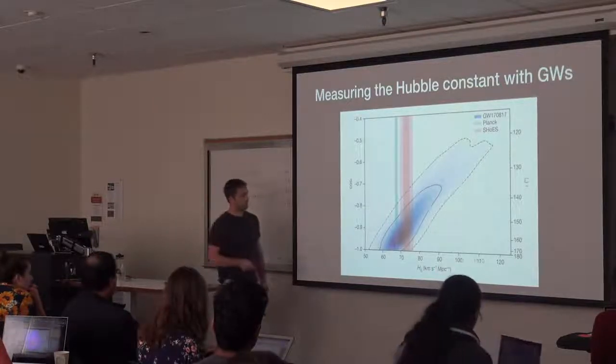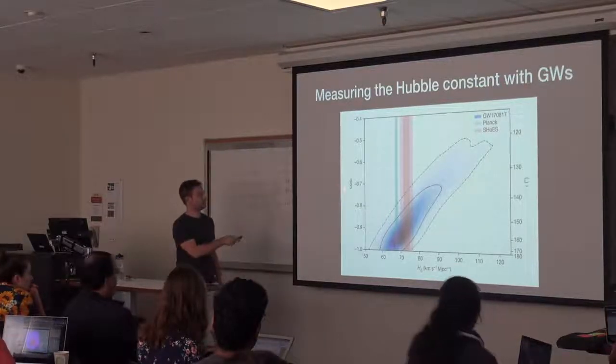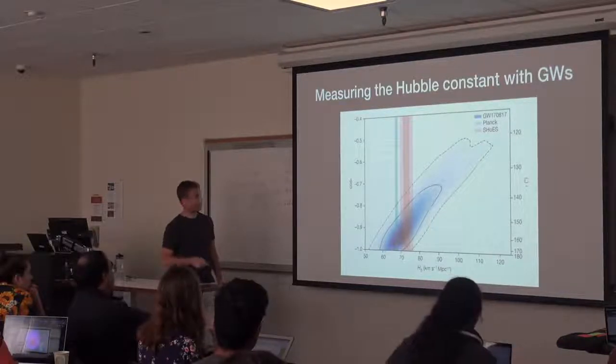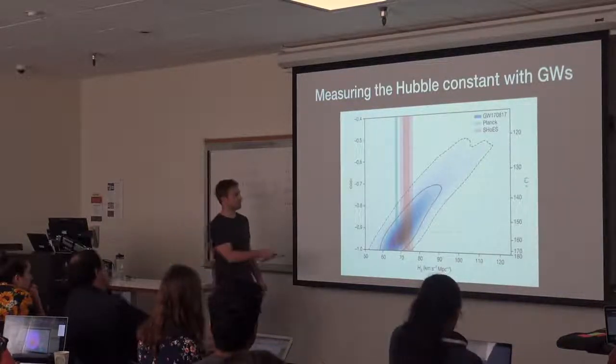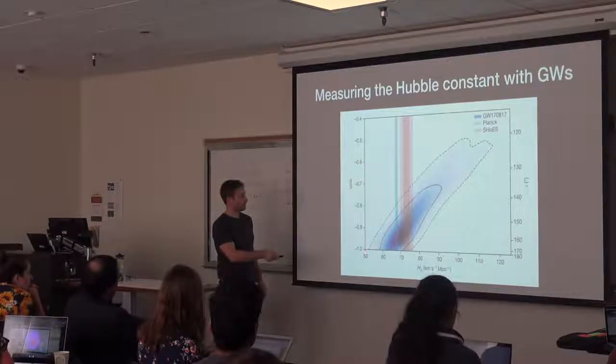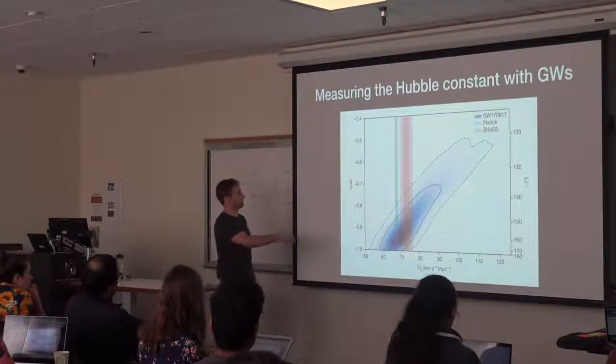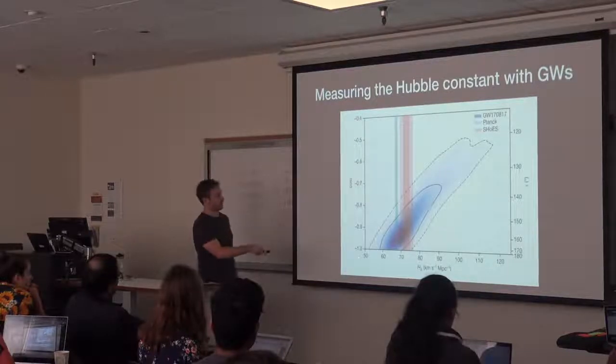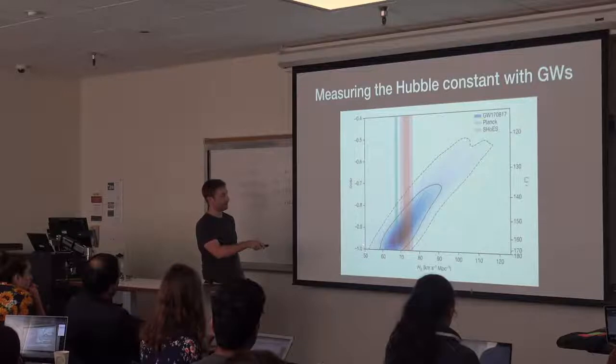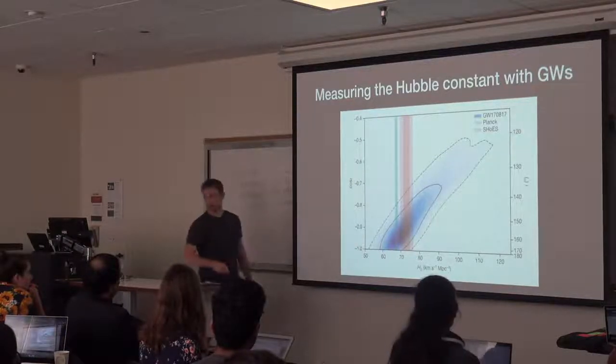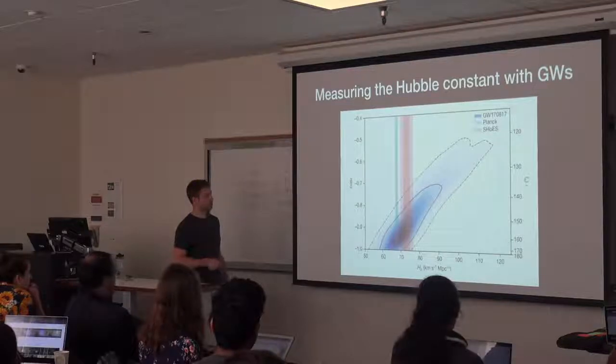Again, the biggest source of uncertainty there is the degeneracy in inclination. You can do three things with this. You can say, I don't know the inclination, so I'm just going to marginalize over all possible values of it. Then you get a very, very broad probability distribution for H naught.